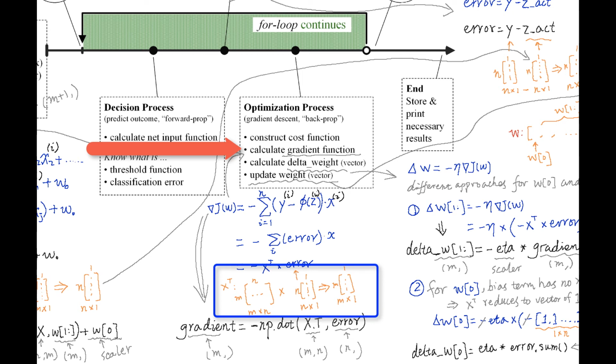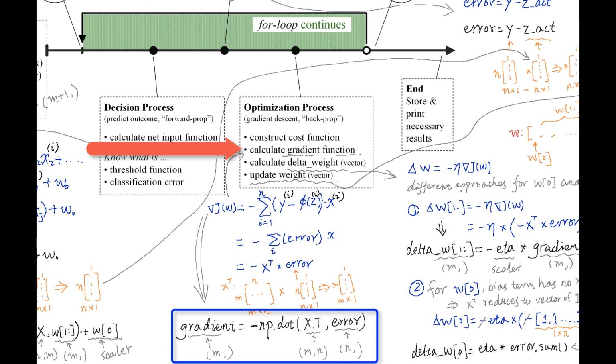X transpose will have the shape of m by n, times the error vector, which has a shape of n by 1. And the result will be an m by 1 vector, which is the same structure of the gradient that we need. Now to implement that, we translate that into Python code, retaining the negative sign.